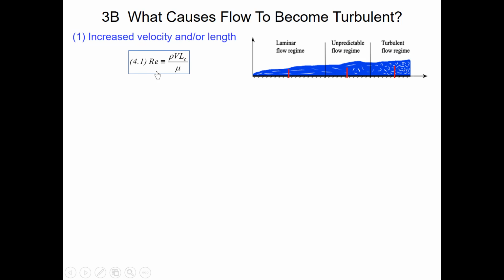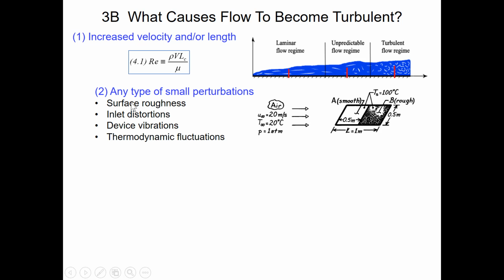Based upon the definition of Reynolds number, if the characteristic length is increased, the laminar flow may develop into a turbulent flow, or if the incoming flow velocity is increased, the flow will become turbulent.